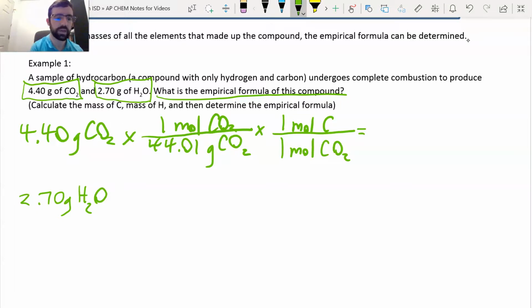All right, here we have grams of H2O. We want to put the mass of H2O on the bottom. So H2O is 1.008 times 2 plus oxygen is 16.